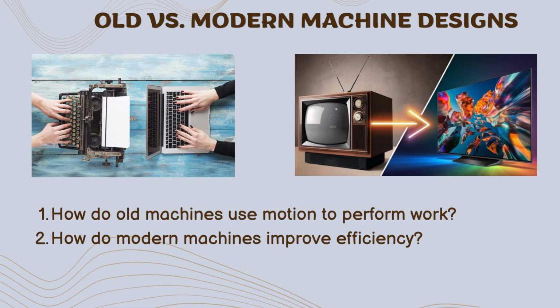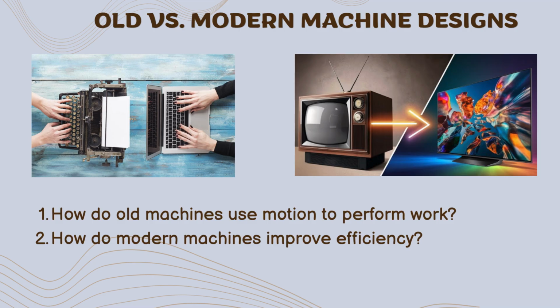Now that we know machines make work easier, let's take one minute to observe these two pictures carefully. Look at their design, how they might work, and what you notice. What do you notice about the first machine?